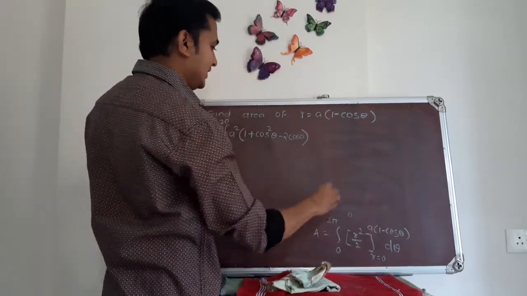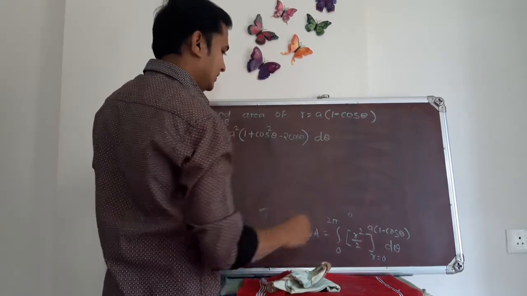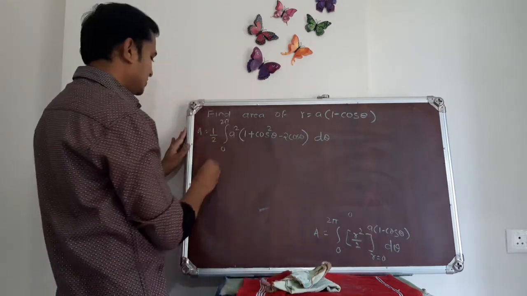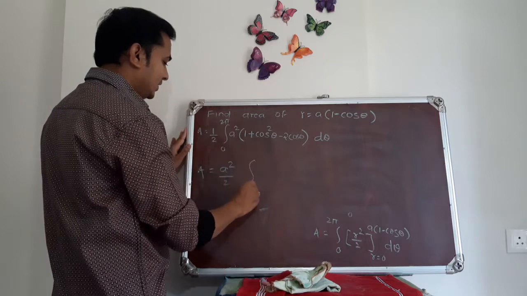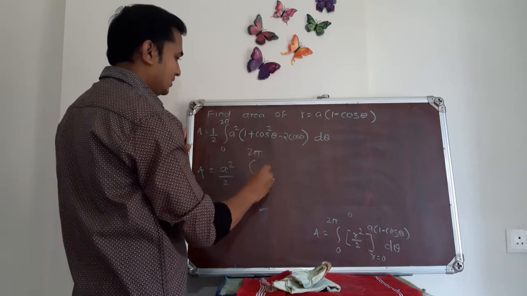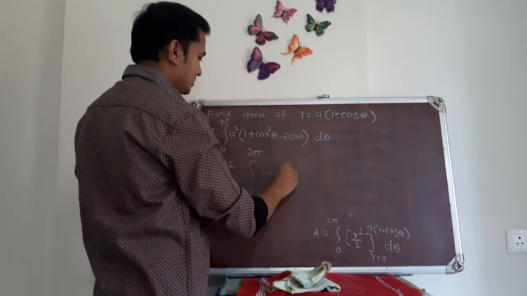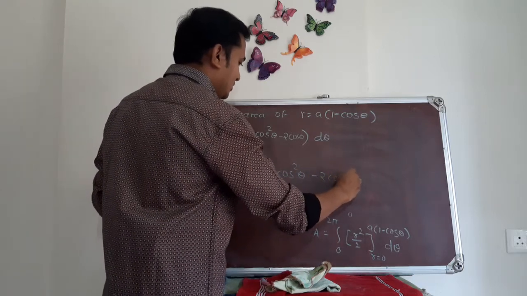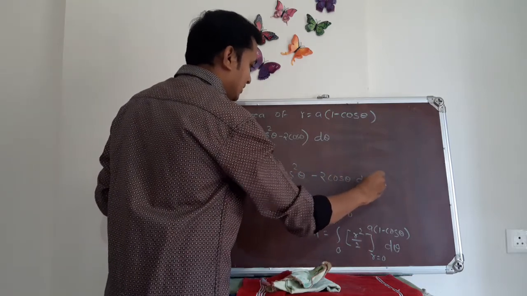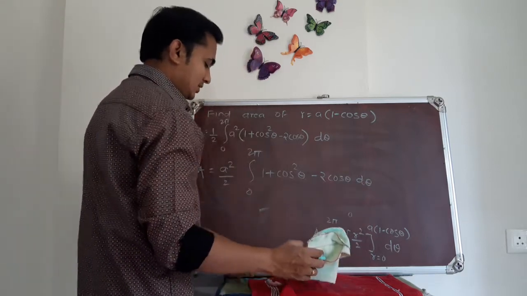d theta. So a square is constant. So A is equal to a square by 2 integral 0 to 2 pi of 1 plus cos square theta minus 2 cos theta d theta. Alright.